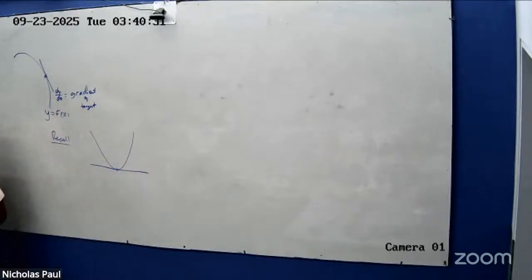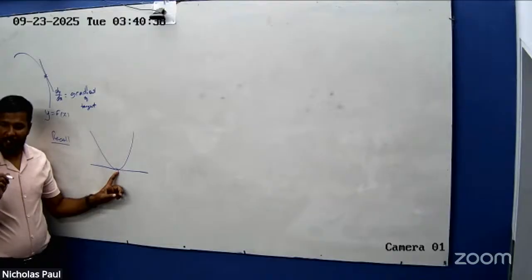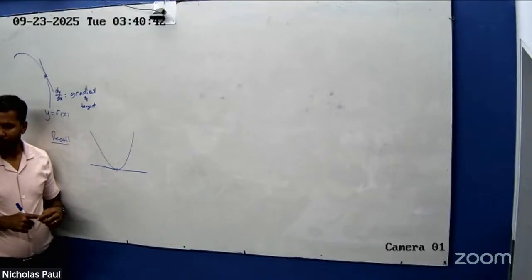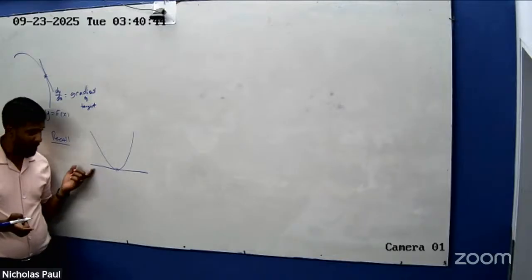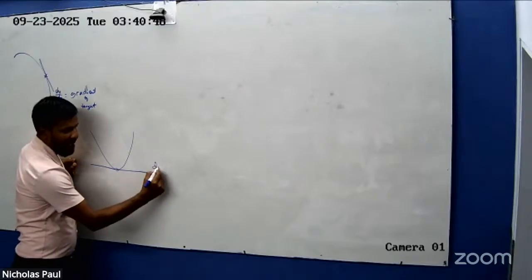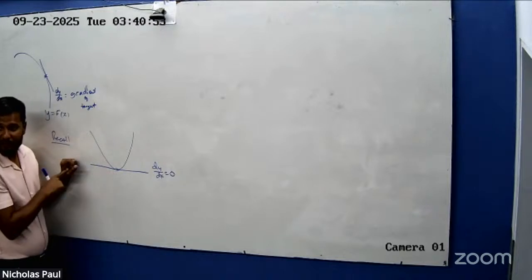You okay with that? So if I said find the gradient of the tangent at the minimum point, what would it be? 0. What's the gradient of this line? 0. So dy/dx at this line is 0. So what does that say?